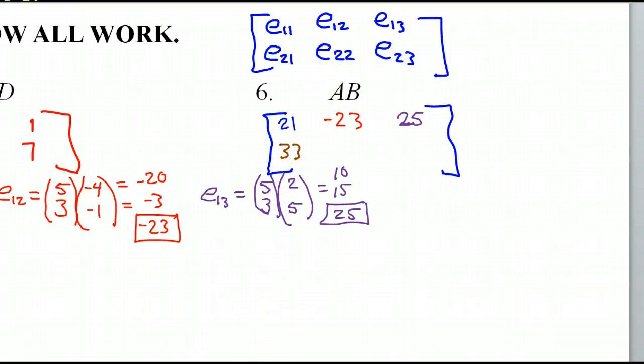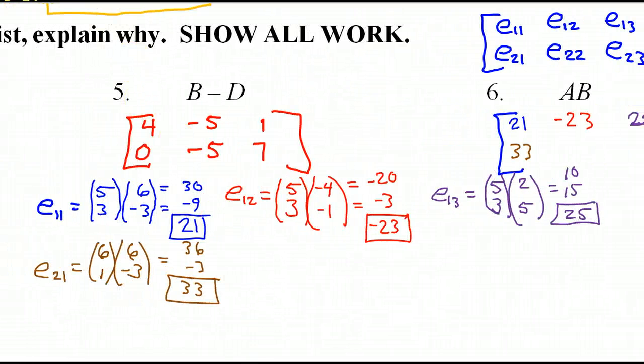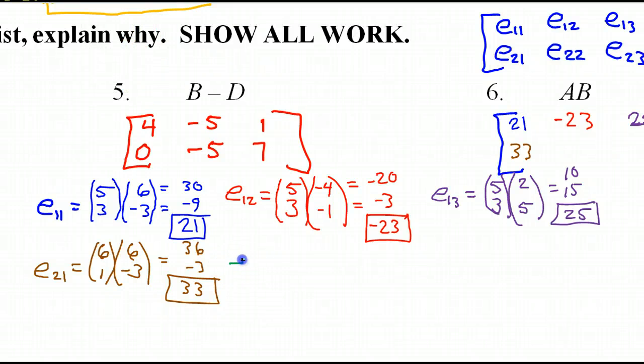Let's find element 2, 2. Okay, element 2, 2. That's second row, second column. So again, the second row I already know is going to be 6, 1. Just like last time, we're still in the second row. But this time it's the second column, so that's going to wind up being negative 4, negative 1.